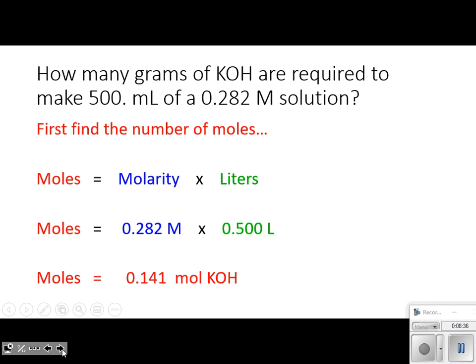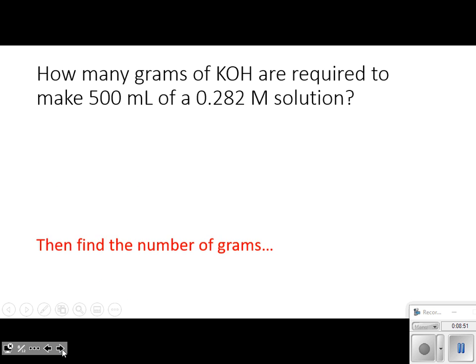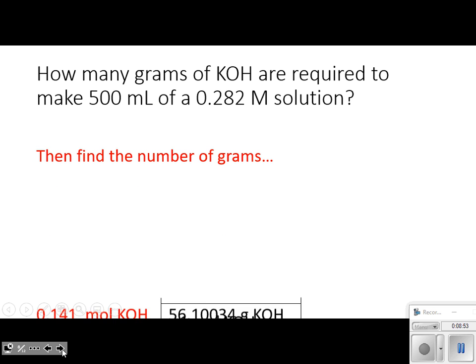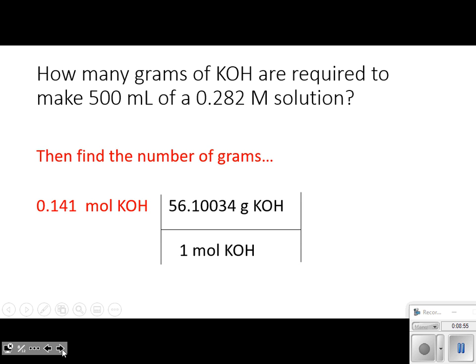Now, that's not what I want, is it? What do I want? I want grams. So I'm going to have to flux capacitor this back into grams. So I need to find the number of grams by taking the number of moles I just calculated, and this is the molar mass of potassium hydroxide.